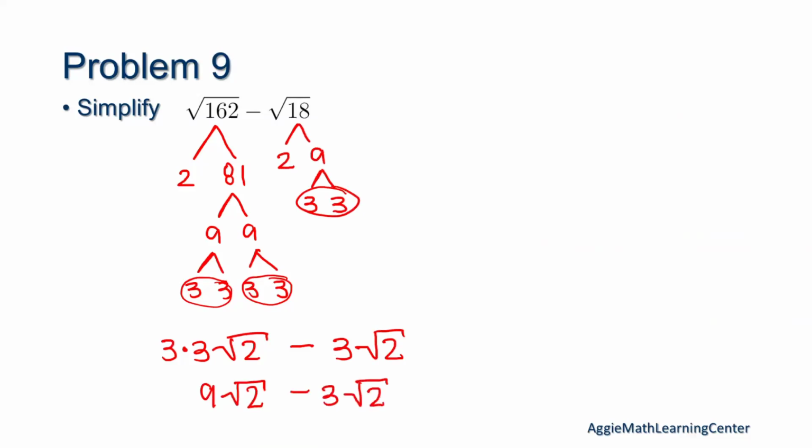I am just going to subtract the coefficient in the front of it. So I'm going to do 9 minus 3. So that's going to give me 6 square roots of 2. Okay. Any questions about that one?